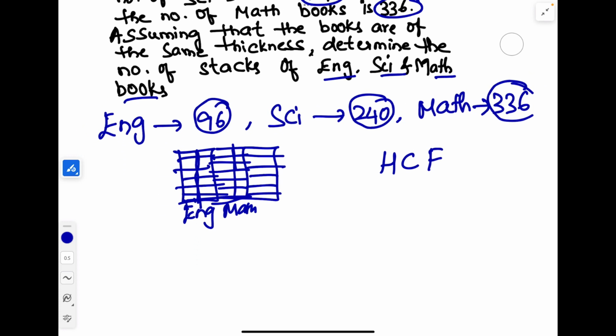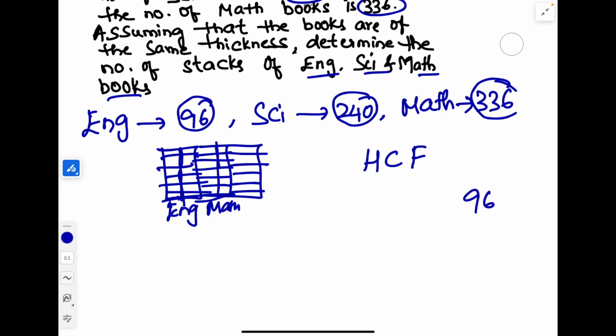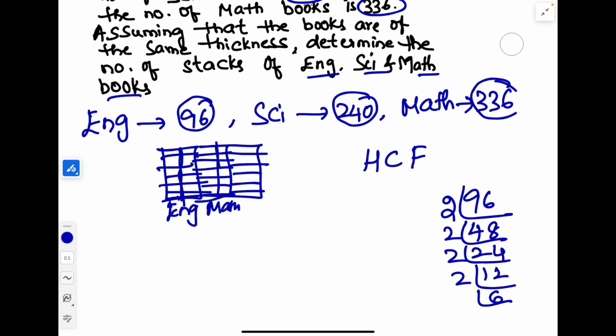So let us first write the prime factors of 96. 2 times 48, 2 times 24, 2 times 12, 2 times 6, 2 times 3, 3 times 1. So 96 can be written as 2 to the power of 5 into 3, right?